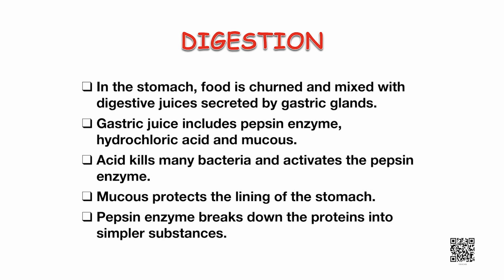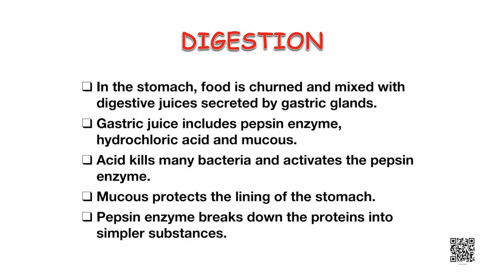The gastric glands of the stomach release gastric juice which contains hydrochloric acid, the enzyme pepsin and mucus. The hydrochloric acid creates an acidic medium which facilitates the action of the enzyme pepsin.